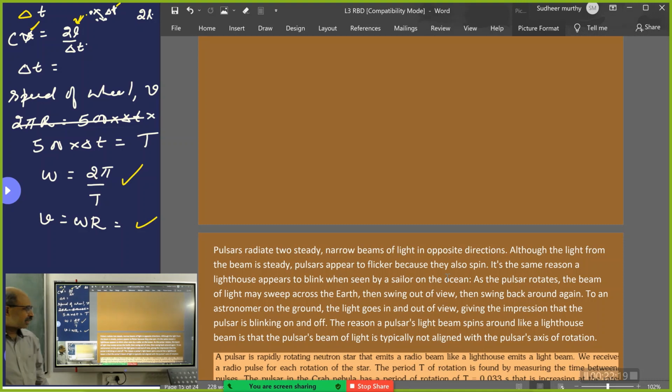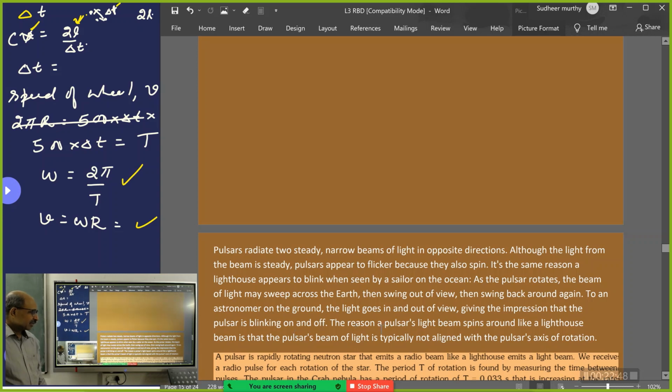It is the same reason a lighthouse appears to blink when seen by a sailor on the ocean. As the pulsar rotates, the beam of light may sweep across the earth, then swing out of view, then swing back around again. To an astronomer on the ground, the light goes in and out of view, giving the impression that the pulsar is blinking on and off.